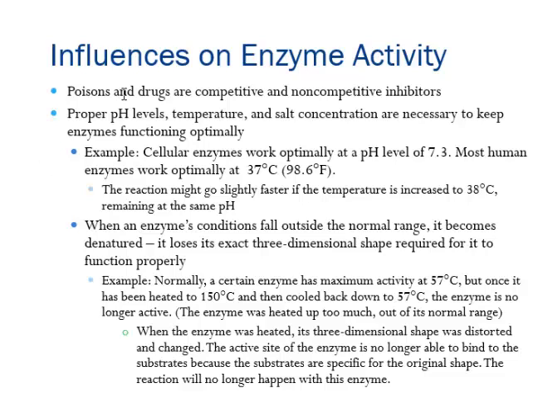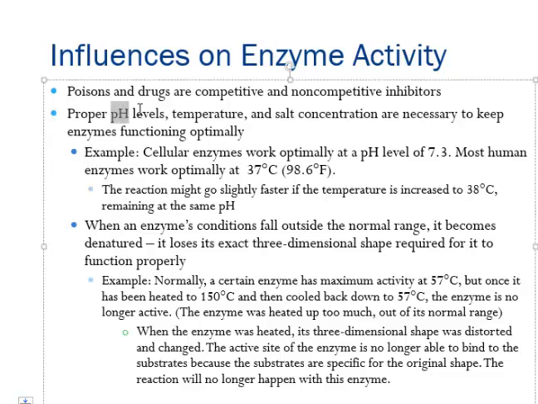Now, enzyme activity is, of course, necessary for human life, but enzymes are influenced by certain factors. Poisons and some drugs sometimes inhibit enzyme functioning. In some ways it could be good if the enzymes are overreacting and doing things that are making people uncomfortable or unhealthy, but more often than not, inhibiting enzymes is a bad thing because enzymes cannot do the work that they need to do. Proper pH levels, which is acidity.